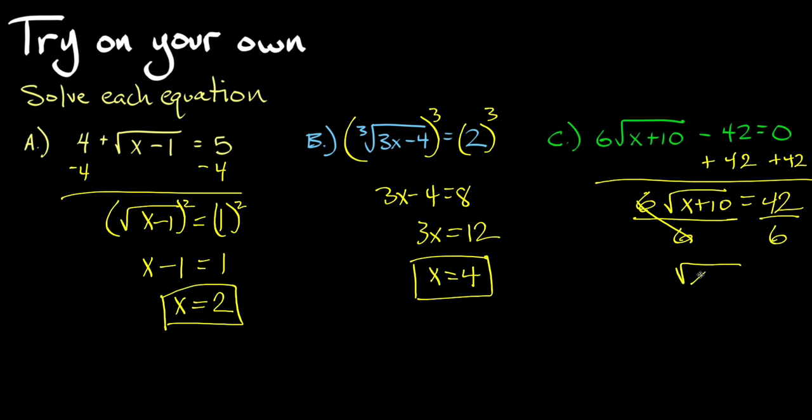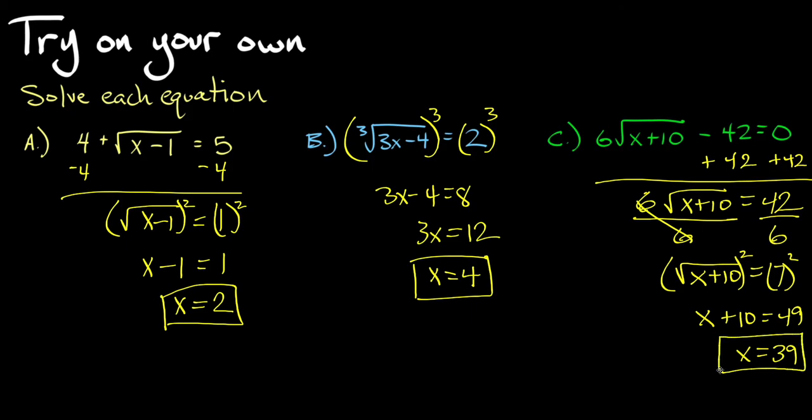No, you're good. And I know I'm saying this an awful lot. I'm trying to make sure that you just remember that fact. Get the root by itself. And then I squared this, which is, yeah, x plus 10 equals 49. And then x equals 30. Nice job.